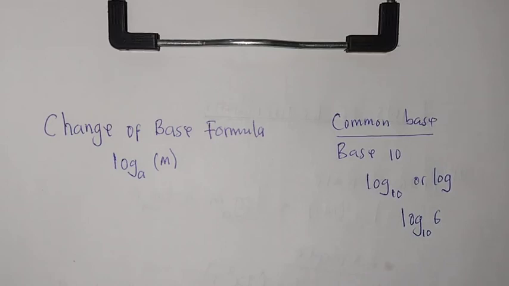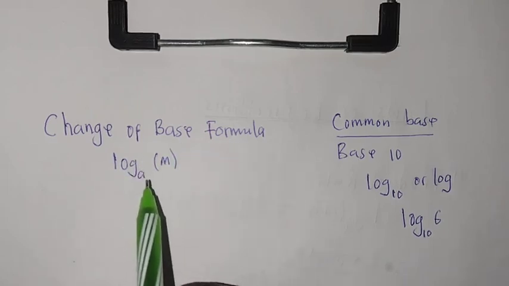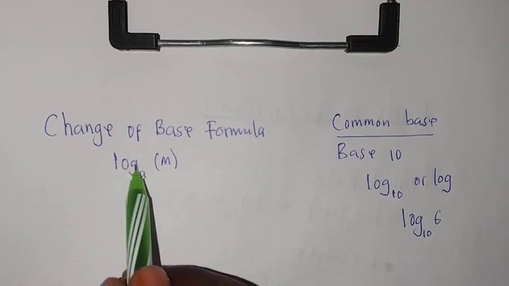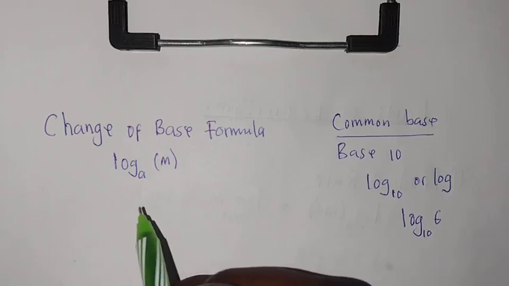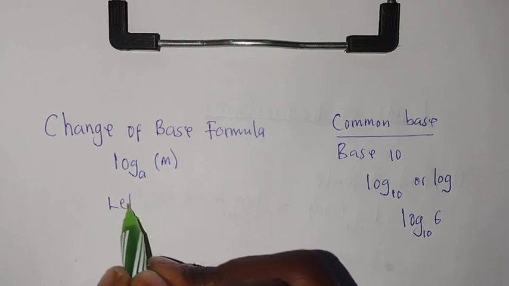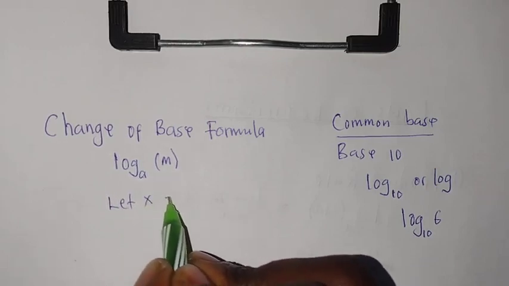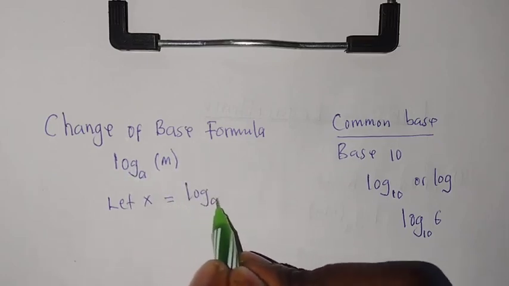So if you are changing the base of the log, for example, you have this log which is in base A, M. The first thing that you do, let's say we let X be equal to this one that you have been given.